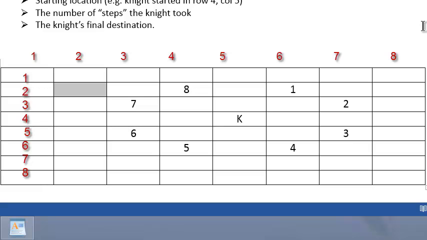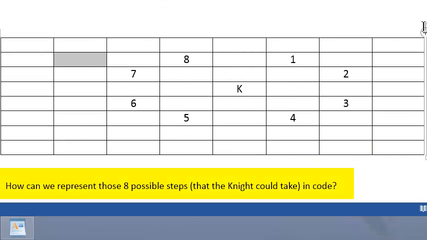Okay, so let's look at this. We have 2 steps up, 1 to the right for step 1, 1 step up and 2 to the right for step 2, 1 step down and 2 to the right for step 3, 2 steps down, 1 step to the right for step 4, etc. How could we represent steps that the knight could take in terms of programming code?